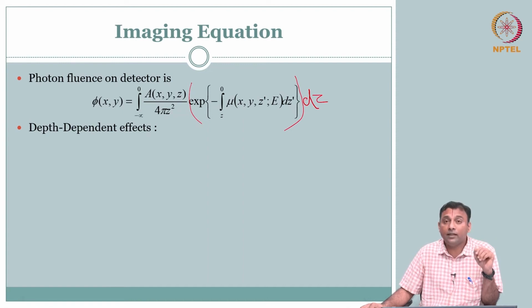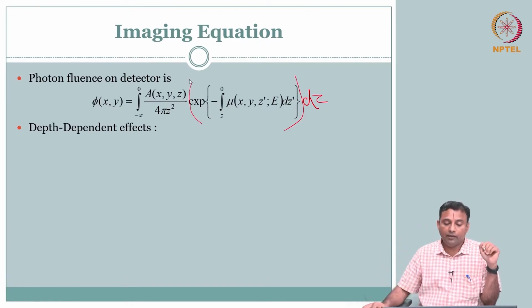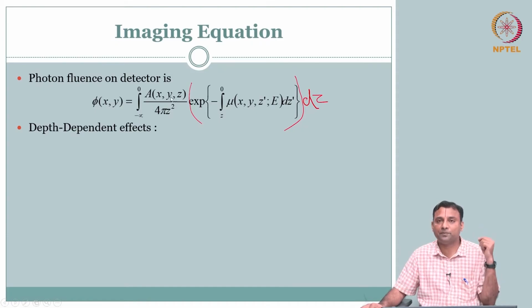But what is important, that we didn't explicitly see before, is this term. This is depth dependent as well, naturally. Whether the radioactivity is in the front of the body or the back of the body, close to the detector or far away from the detector, is going to have an effect, because all of this is going through the same attenuation as well.